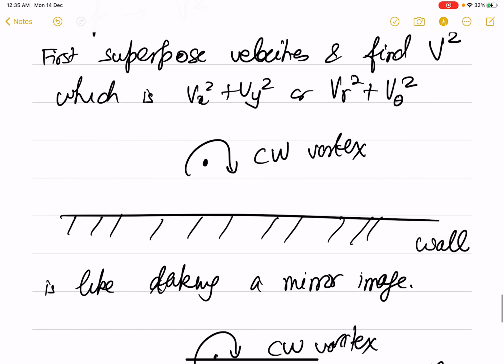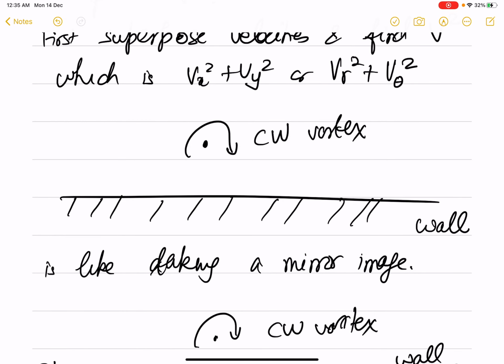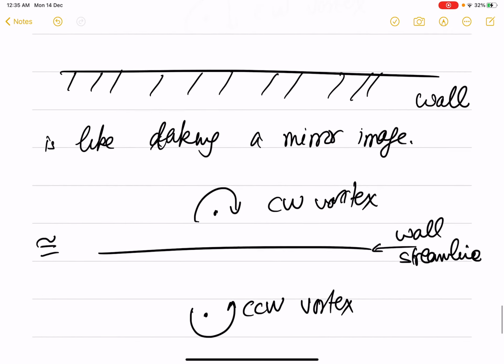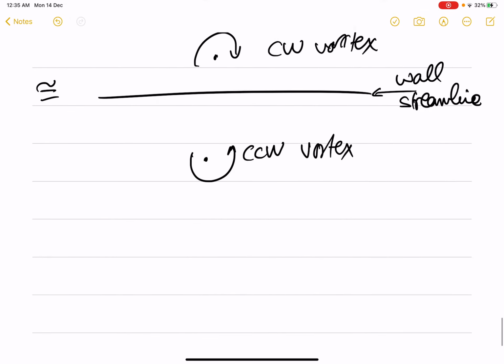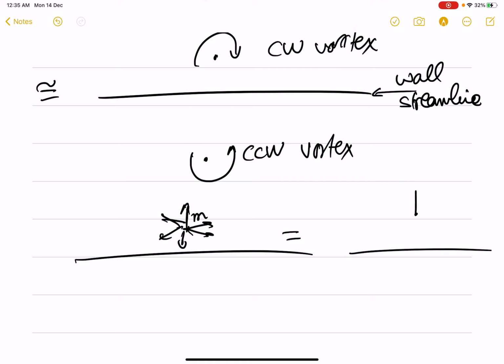So if I have a wall, I can obtain the same flow by taking a mirror image of the original thing. For example, if we have a source of strength M next to a wall, this will be equal to the source here, and we take the mirror image.